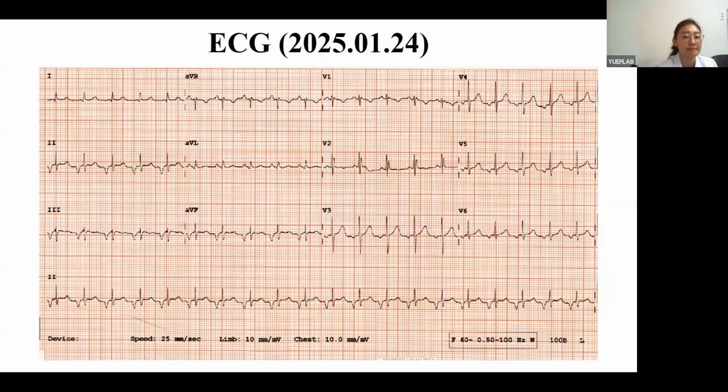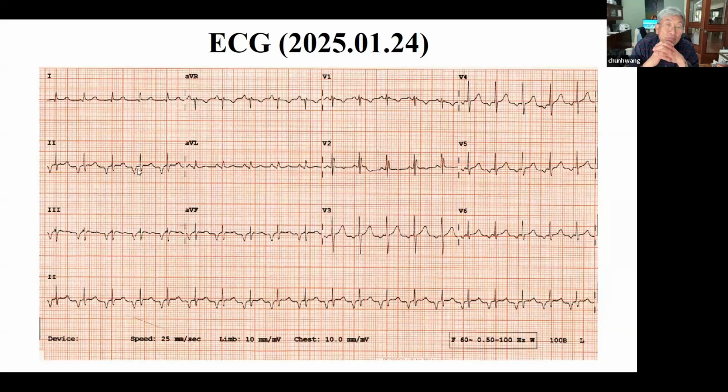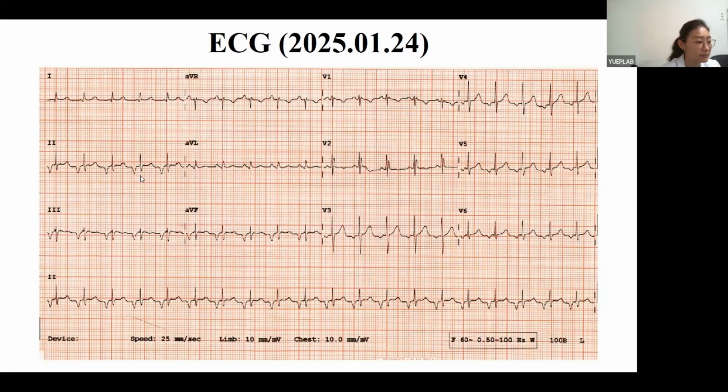Lead 3 is negative, right? P wave. And then lead 2 is most negative, right? And then after that, aVF and lead 3. So negative lead 3 means what? Left or right? It means coming from down to up. Maybe.